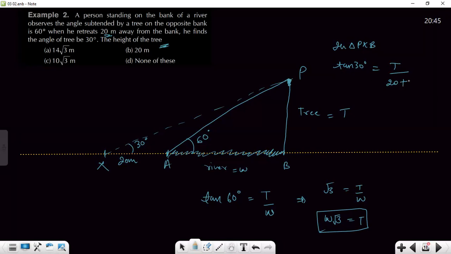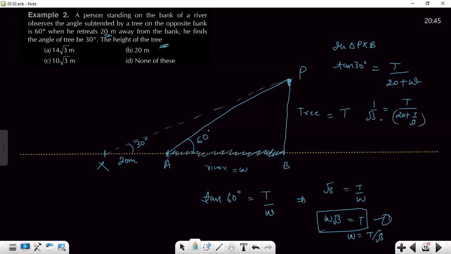Now we will substitute the value of w from equation number 1. What is w? From here we can write w as t by root 3. Tan 30 degrees is 1 by root 3, which equals t upon 20 plus w, which is t by root 3.